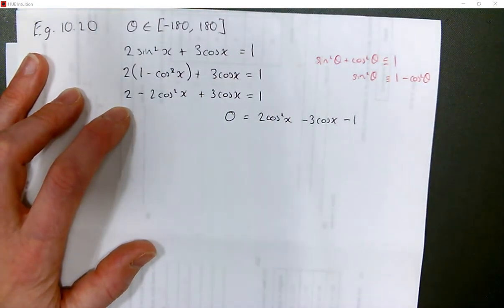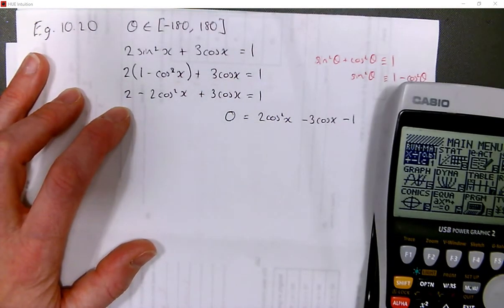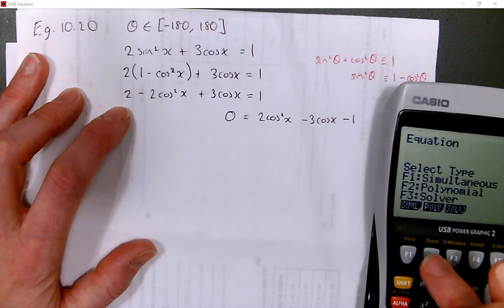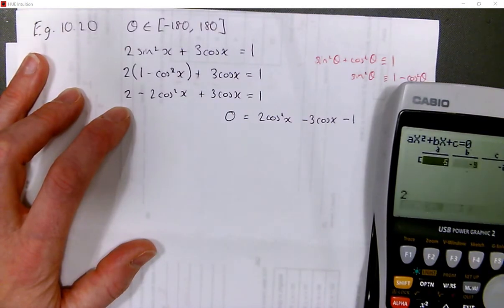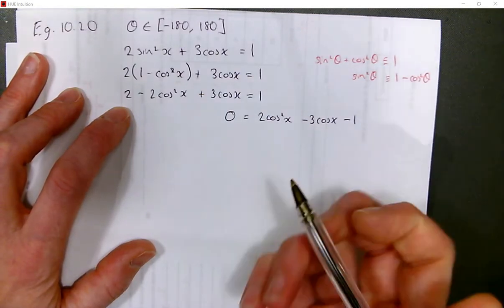Okay, and then we get the calculator again. Okay, so we've got plus or minus 3 plus or minus root 17.